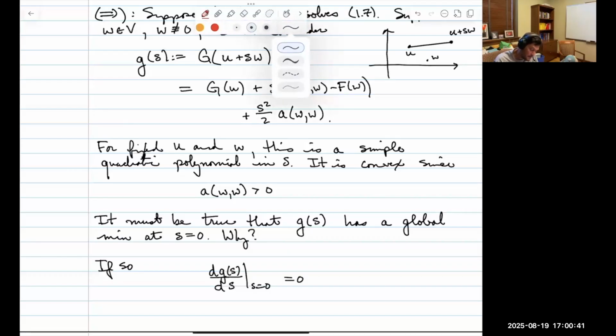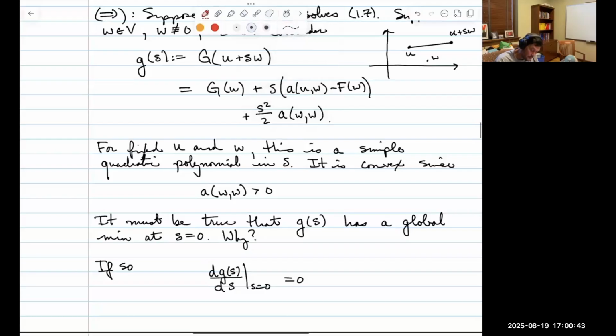Yeah. So it's cutting through U like that. Now, so that's what I mean by a section of this paraboloid through U.